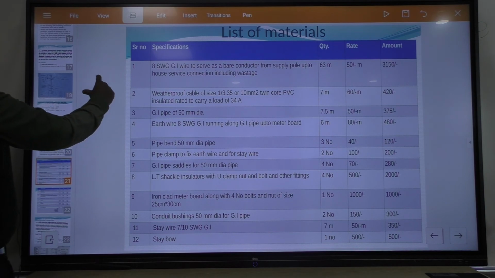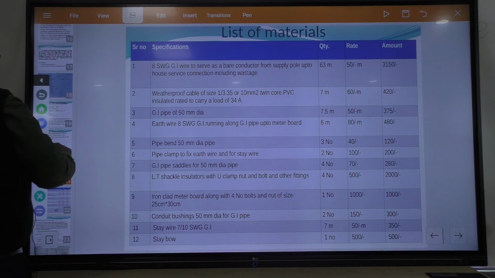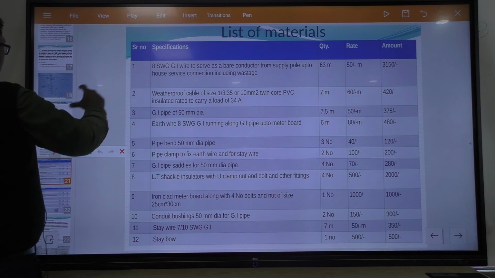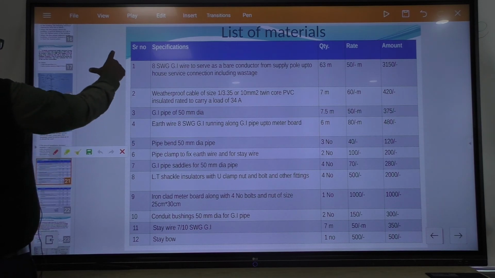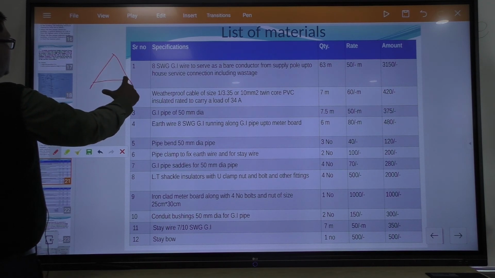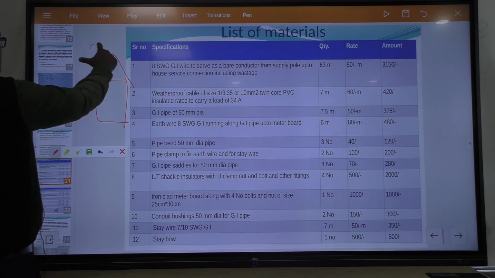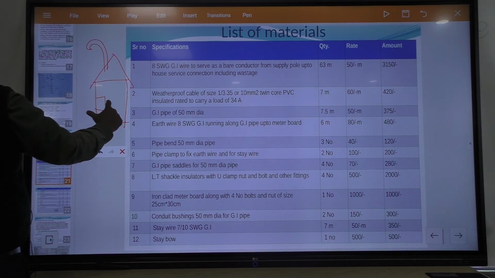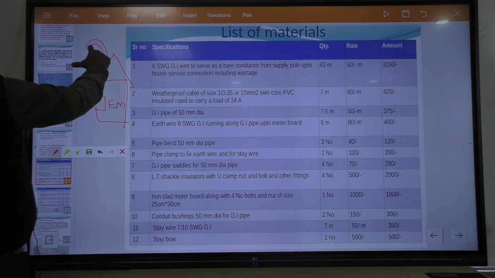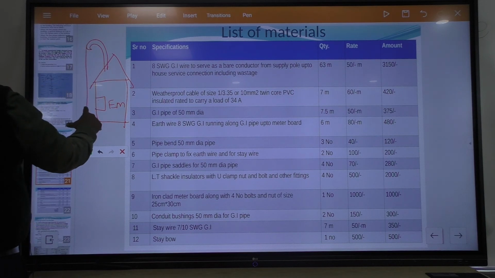Weatherproof cable, suppose this is the building, this is the service bracket to the energy meter. This is the weatherproof cable from the service bracket, from this point to the energy meter.